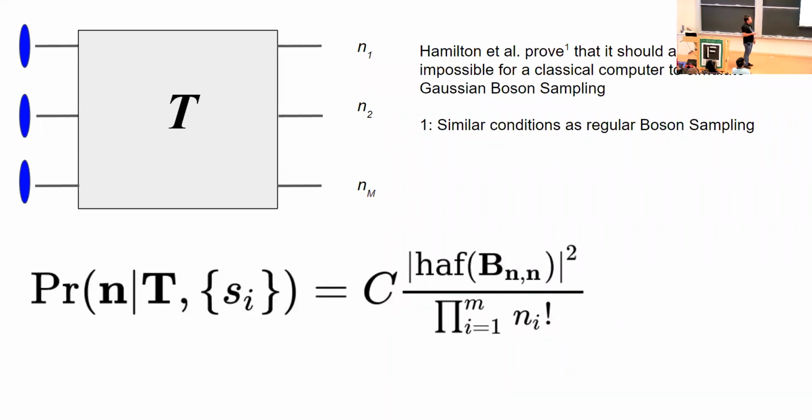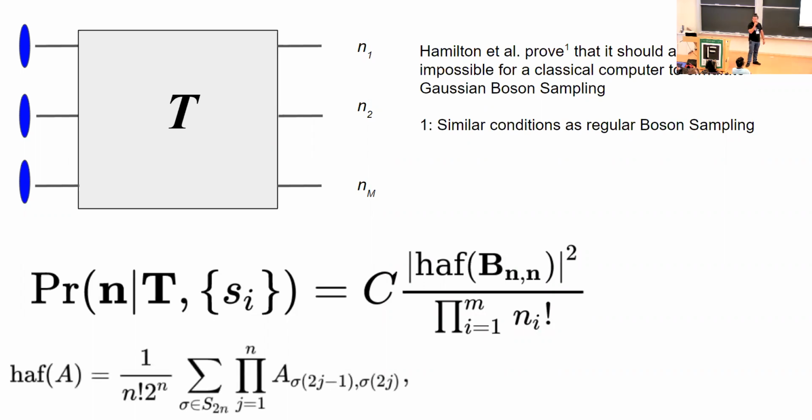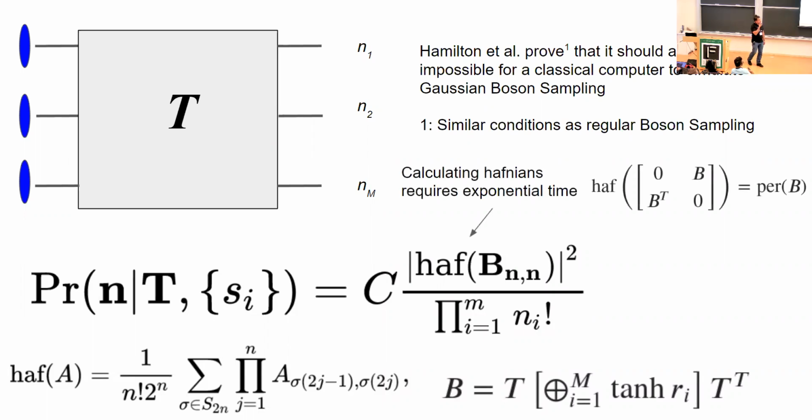And then the probability that you get a particular pattern of photons, so the probability that you get a specific number of photons in the first mode, in the second mode, all the way to the last mode, is given by this quantity that you see there called the Hafnian, which is like the older brother of the permanent. And the Hafnian is defined also in terms of the symmetric group, in this case, of the symmetric group of an even number of objects. And importantly, this Hafnian allows you to calculate the permanent.